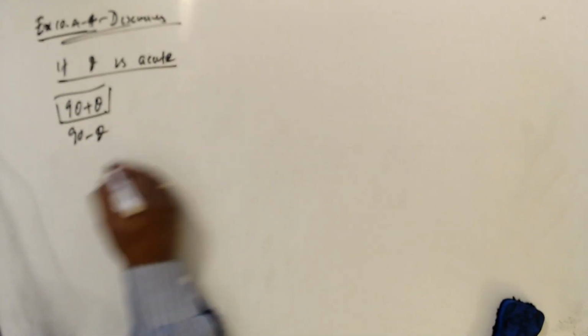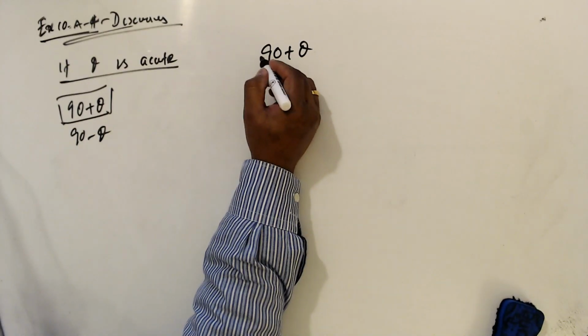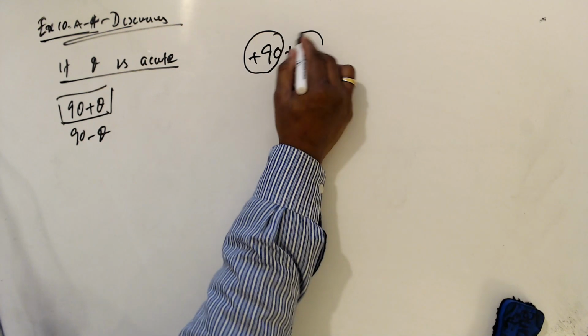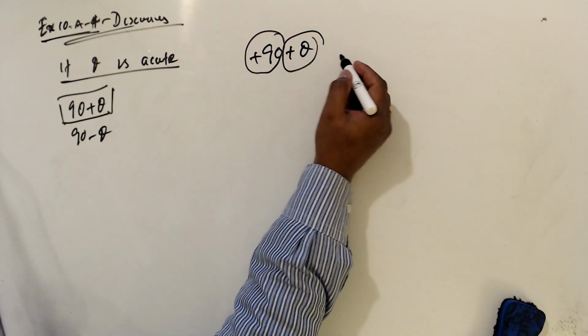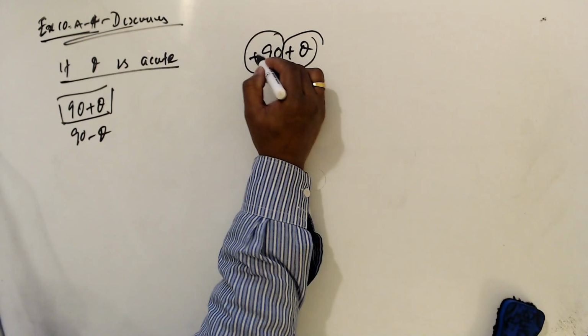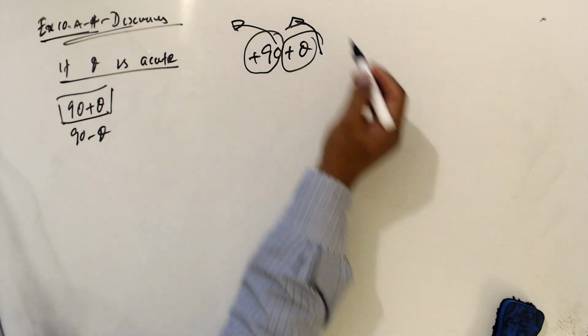When you look at 90 plus theta, this means plus 90 and plus theta. So if we know the plus means the direction is anti-clockwise, this is also anti-clockwise.